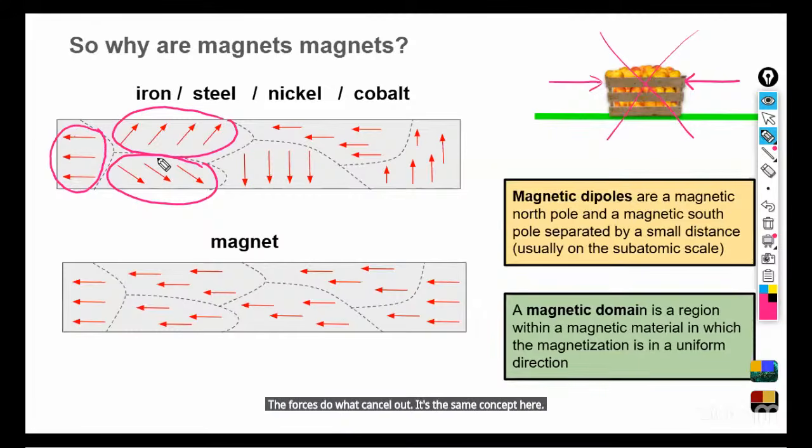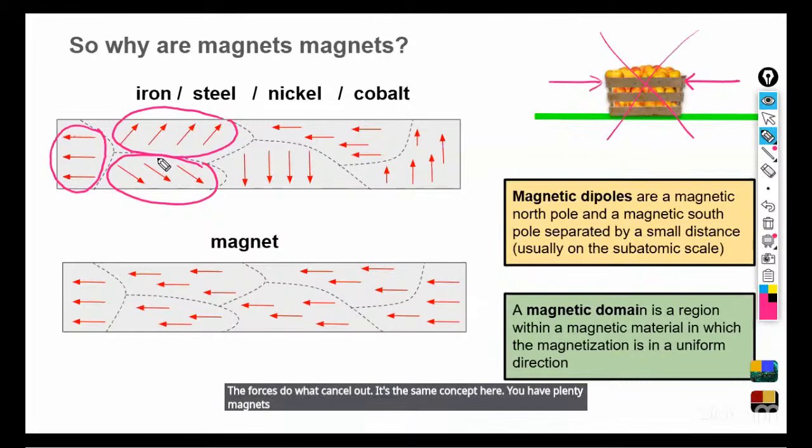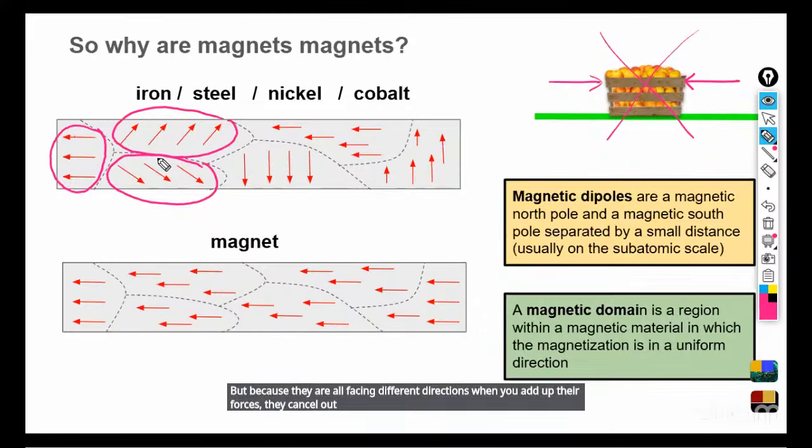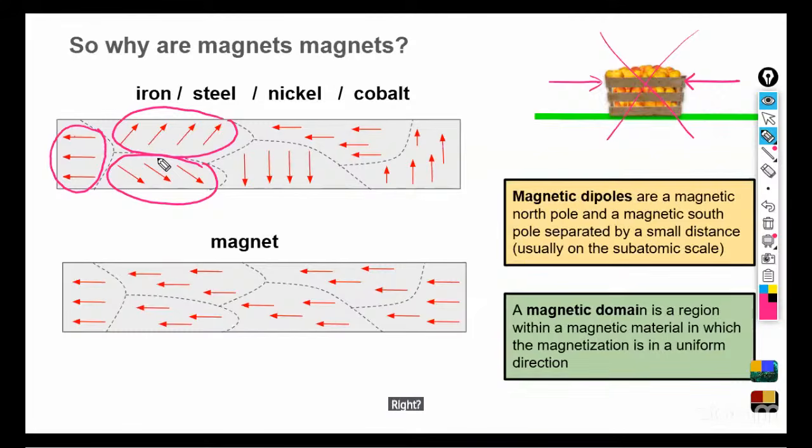You have plenty magnets, each has a magnetic force, right? Magnets provide a magnetic force. But because they are all facing different directions, when you add up their forces, they cancel out and it comes like you do not have a magnet, right? So that's the reason why.